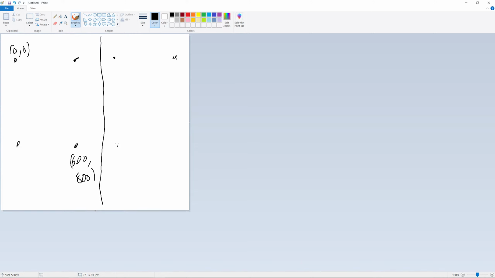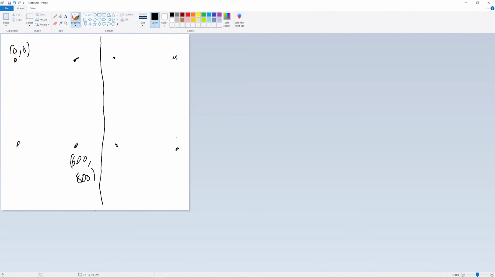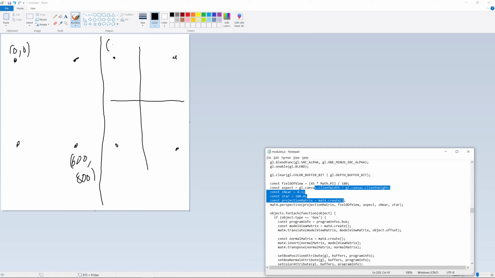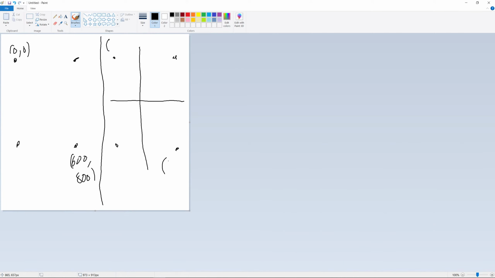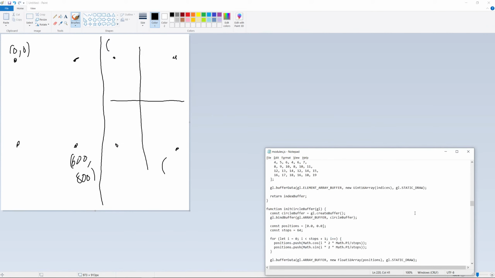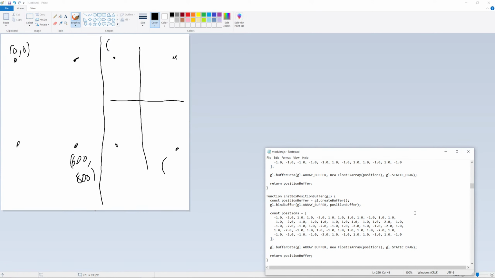And then in WebGL, what I'm seeing is the center is in the middle. And then the Y, let me go back to the box position.